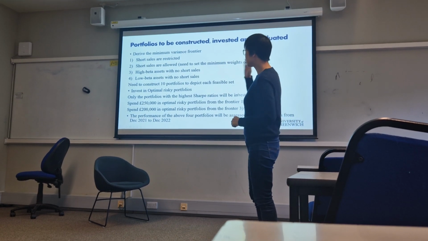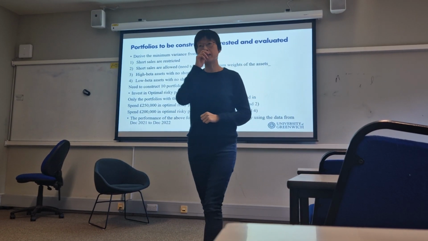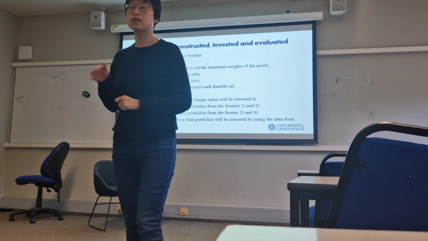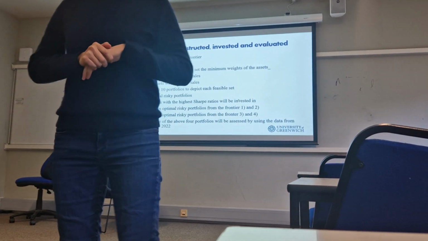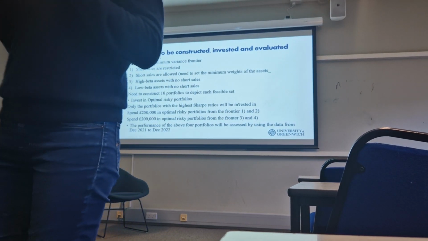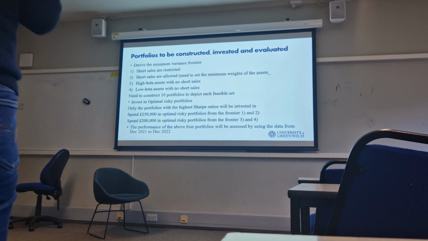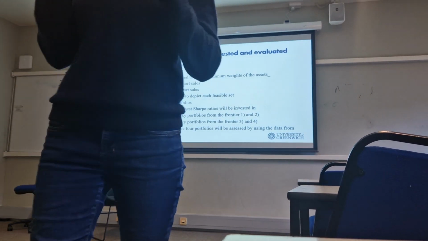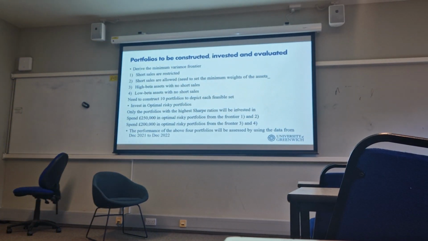First, short sales are restricted, which means the weights of all assets are positive. To depict the minimum variance frontier, we need to construct at least 10 portfolios.